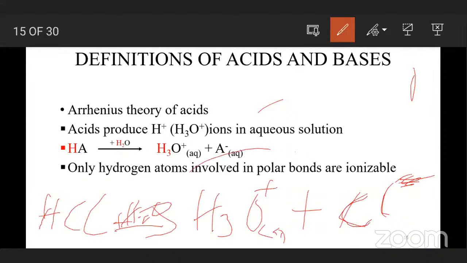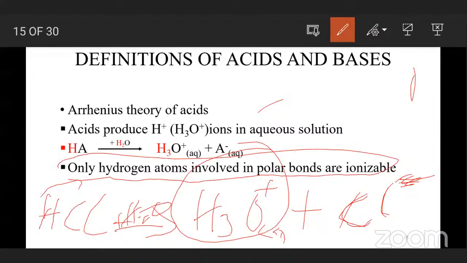And this is characteristic of an acid that has an ionizable proton. That's why I wrote down here that only hydrogen atoms involved in polar bonds are ionizable. So this should be a polar bond.